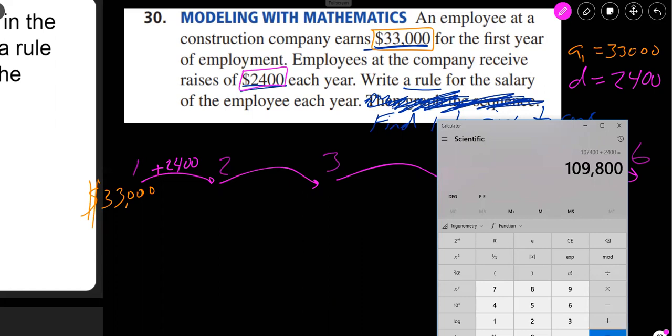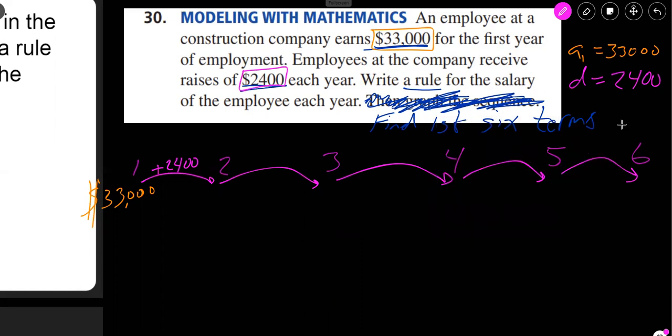I can do 100 years, whatever. I'm adding 2,400 each time, which is going to give me my values. Then I'm going to make 40,200, and then 42,600. And then finally, at the 6th year, I'm making $45,000.